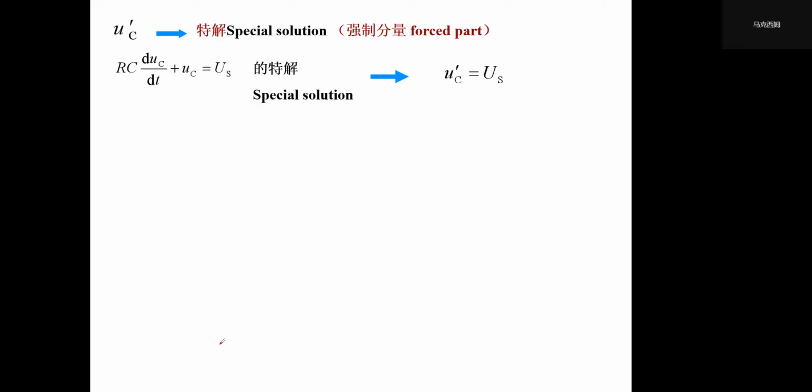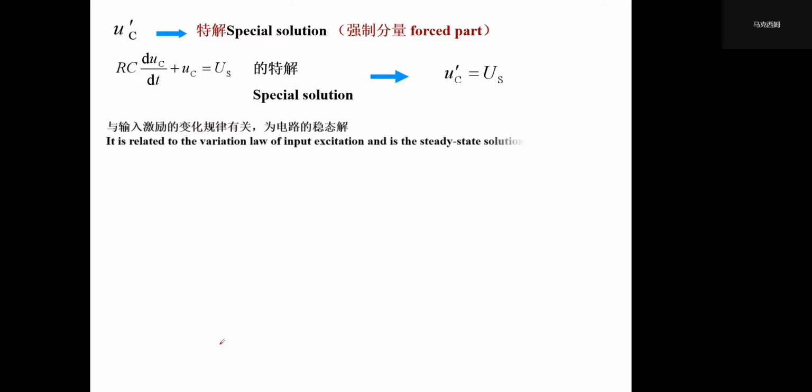Its special solution is caused by this power supply, and it is related to the variation law of the input excitation. It's a steady state solution of the circuit. So this is the compulsory part, or the first part.